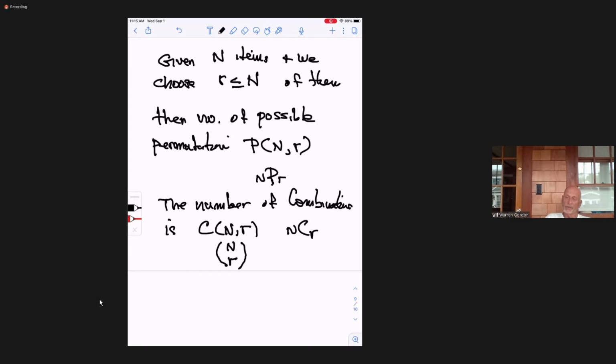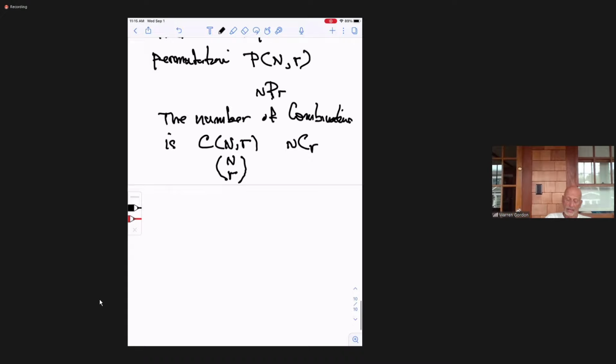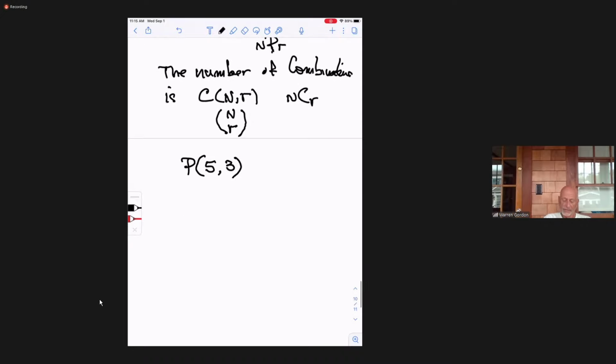So notice in the problem that I did a minute ago, I had 5 names and I was choosing 3. I would have designated the answer as P(5,3). That's the number of lists that I can make if I choose 3 objects from the 5. And the number of combinations, I would designate it either by this symbol or this symbol.